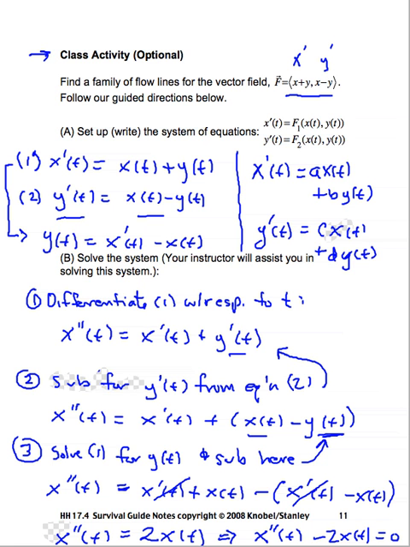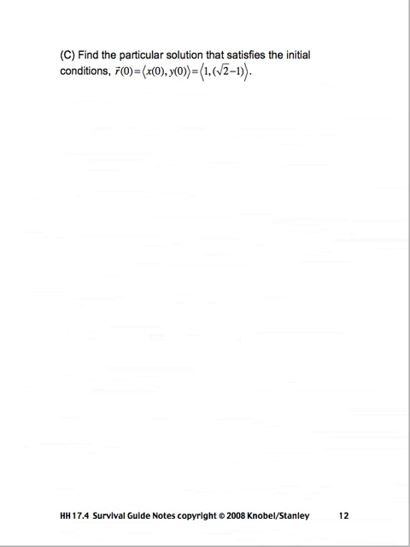Okay. So now let me just say what we have so far. So what we have here is x double prime of t minus 2x of t equals 0.